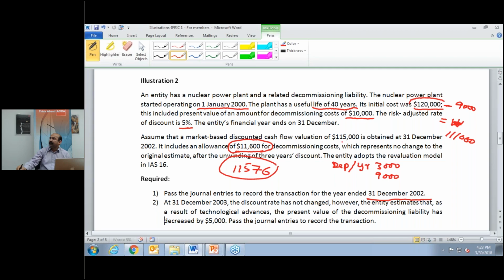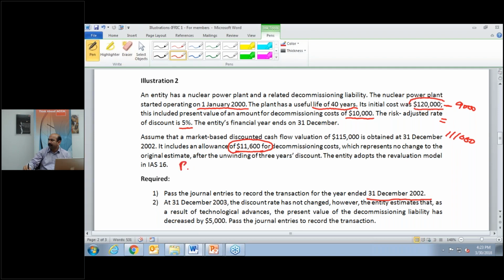Whereas the revalued amount, now we need to calculate the revalued amount. What is the revalued amount?